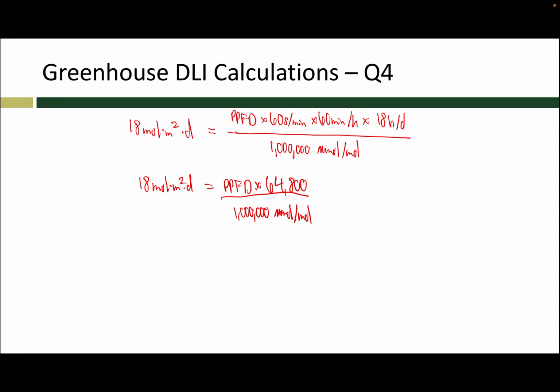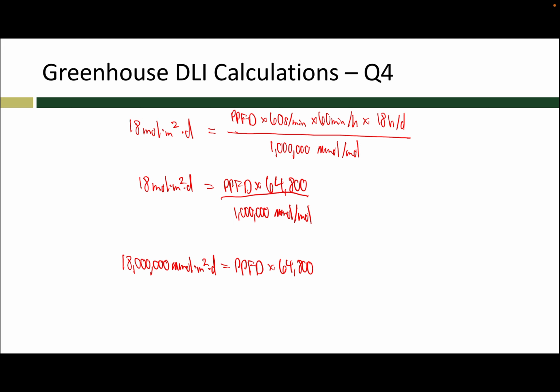So we're yet again going to go through our cross multiplication and division. If we multiply both sides by 1 million, we are going to find that we have a target now of 18 million micromoles per meter squared per day. And that's going to be equal to PPFD times 64,800.